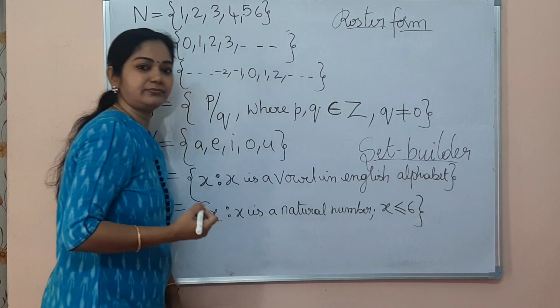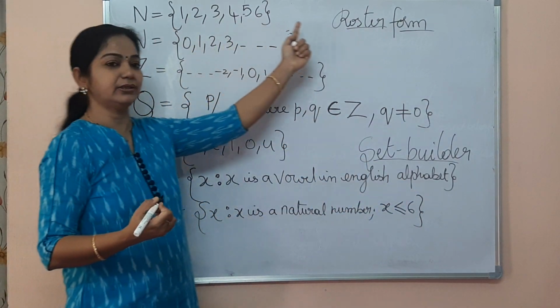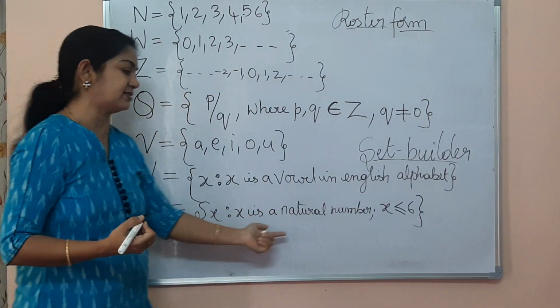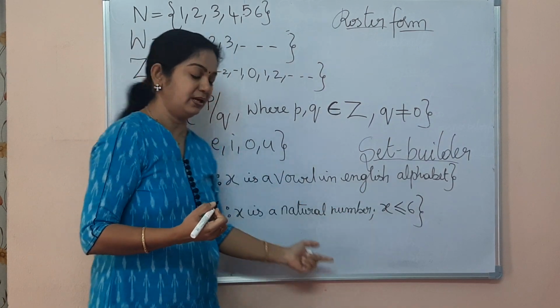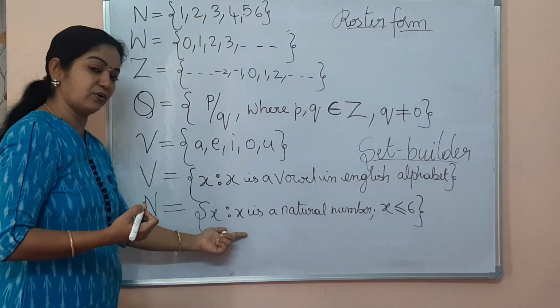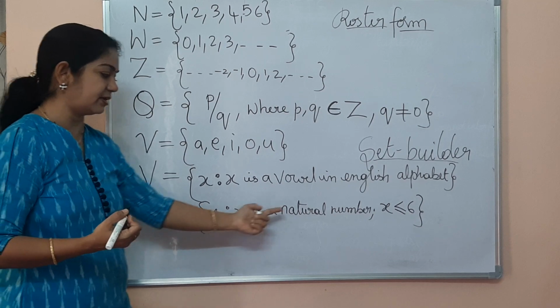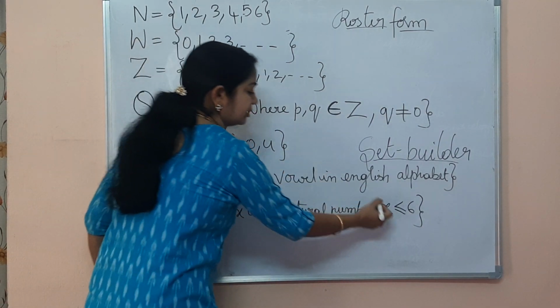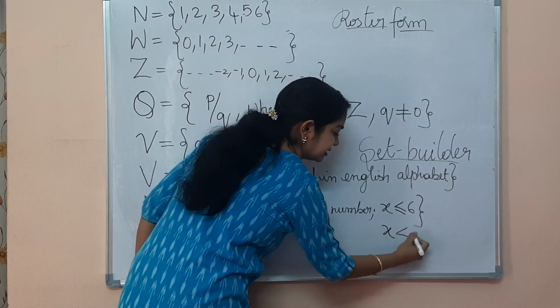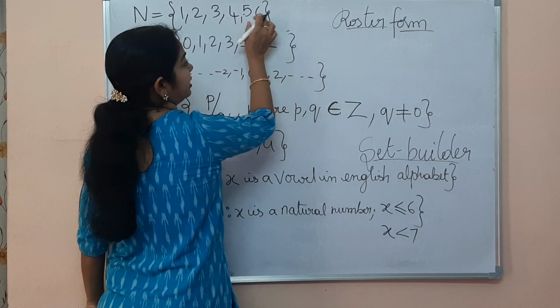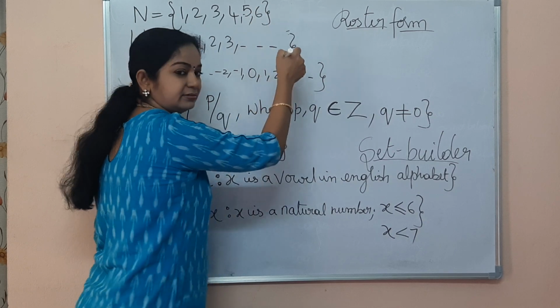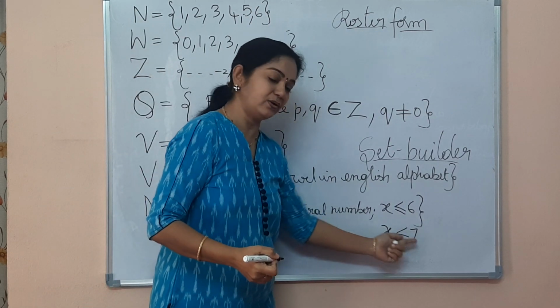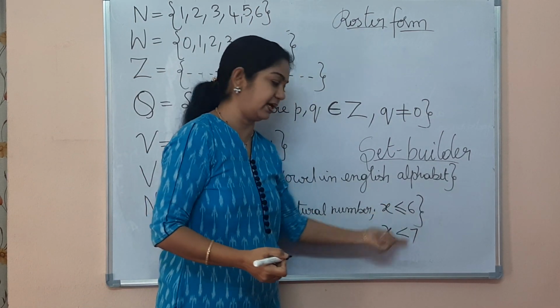Or else if it continues till infinity, you can write X is a natural number, that's all. That means I have built this set in the set builder form. X is a natural number, X is less than or equal to 6. Or simply you can write X is less than 7, so the elements are below 7.